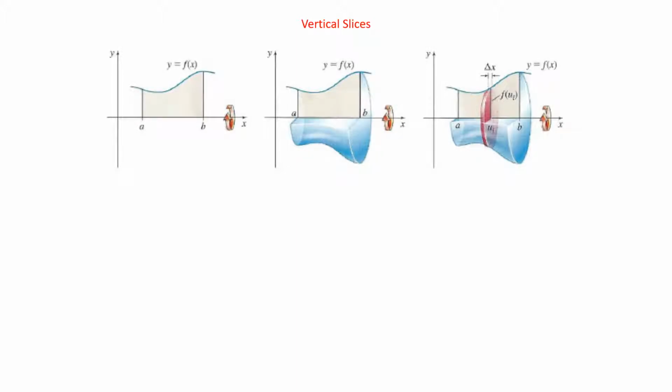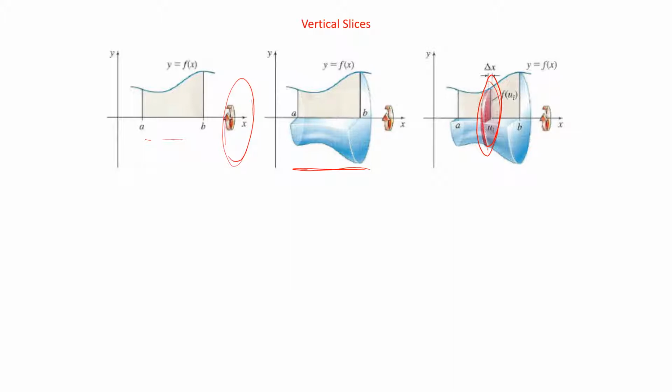This looks kind of like this. We have a function over here that we're going to revolve around the axis to get a shape that looks like this, and then see how we cut slices vertically to get a whole bunch of circles.